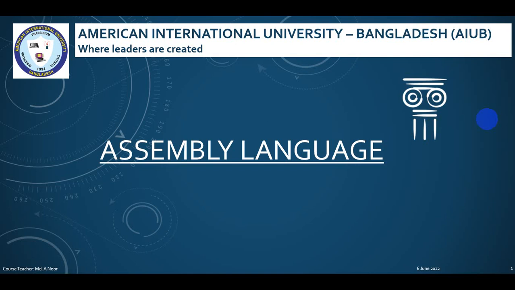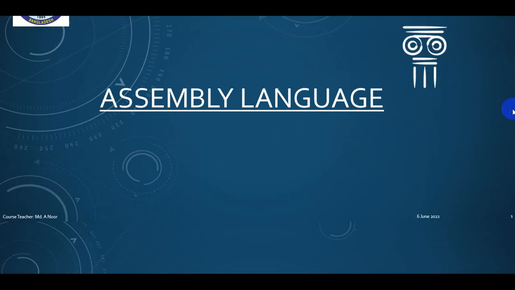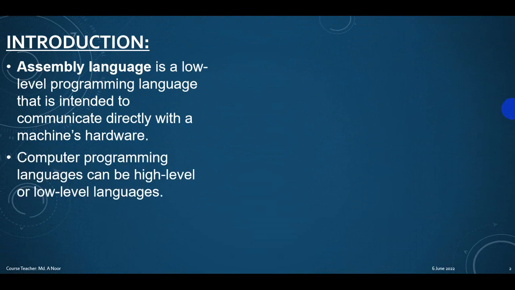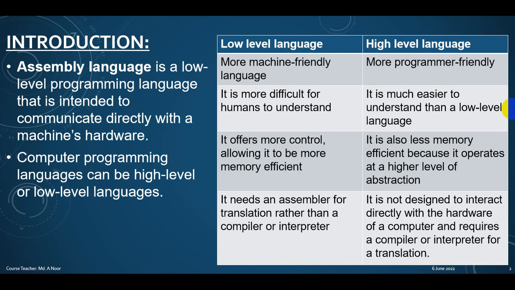Okay, so let's continue over here. Assembly language is a low-level programming language that is intended to communicate directly with a machine's hardware. Computer programming languages can be high-level or low-level. So there is a difference given side by side.